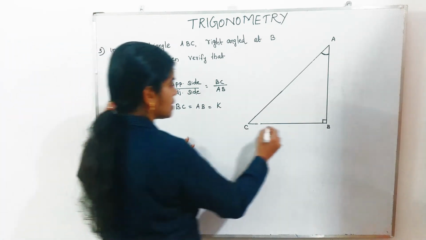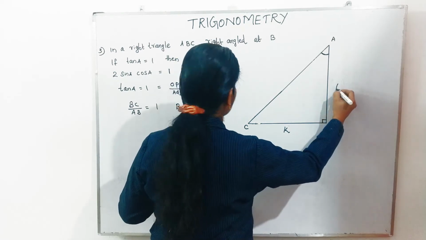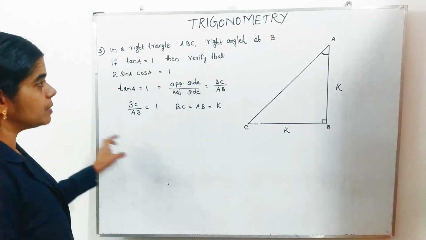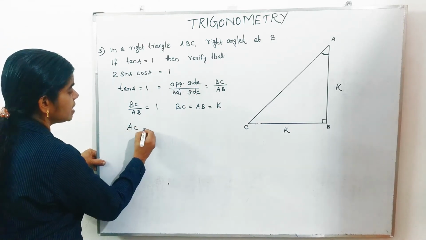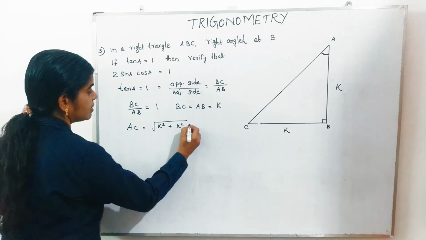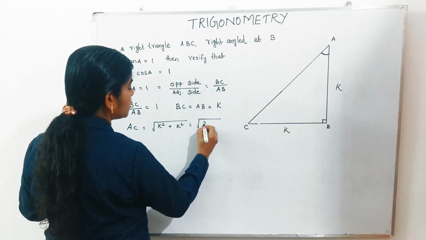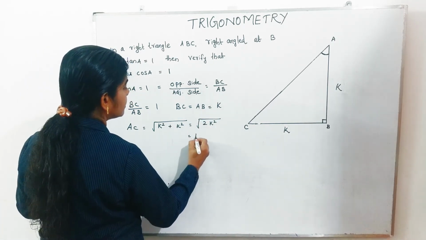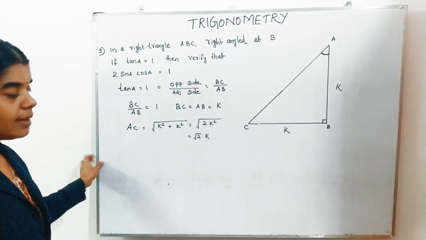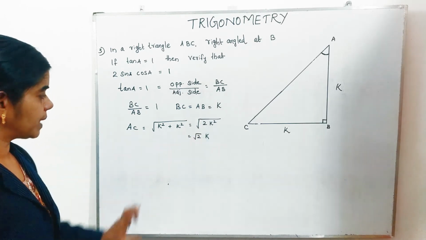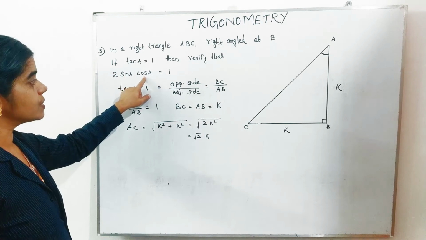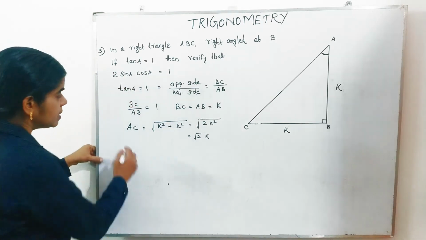Then this value is K, this also K, and hypotenuse you want to find out. Here hypotenuse is AC. AC equal to root of K square plus K square, that is root of 2K square, that is root 2 K. Then we can find out the sin A and cos A values.